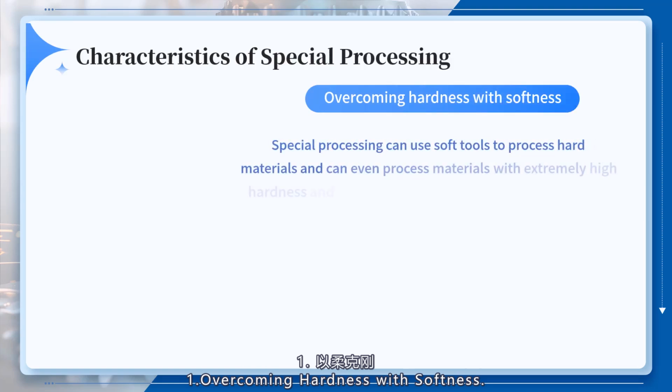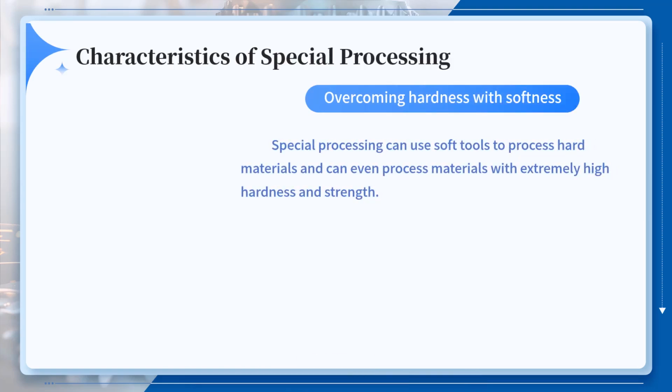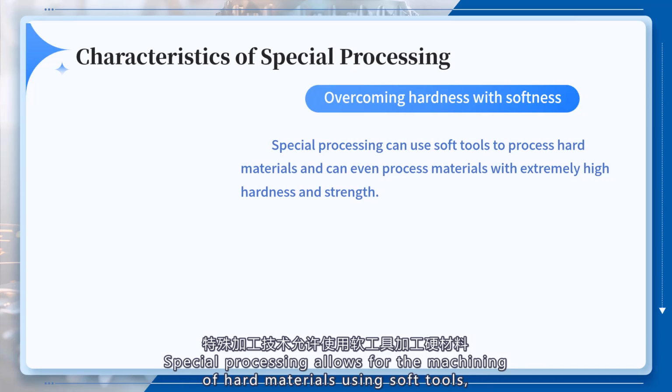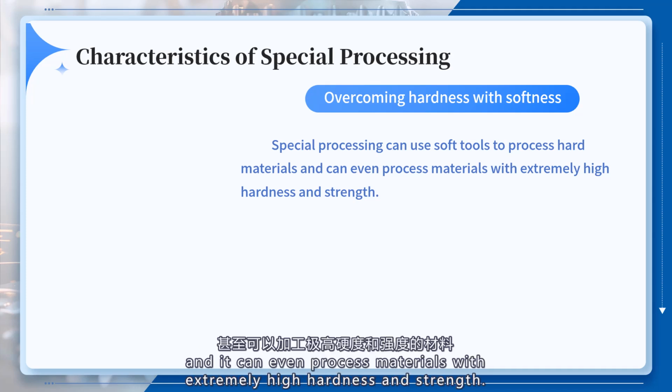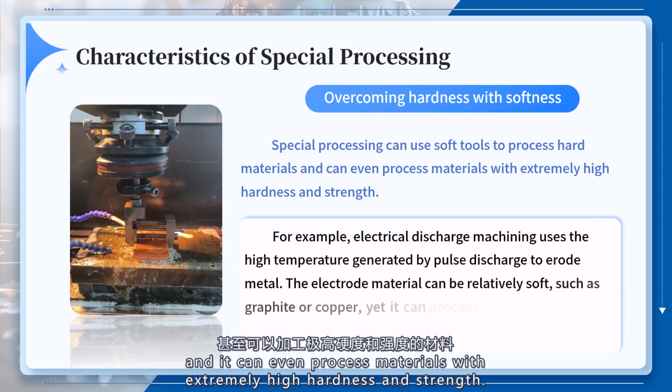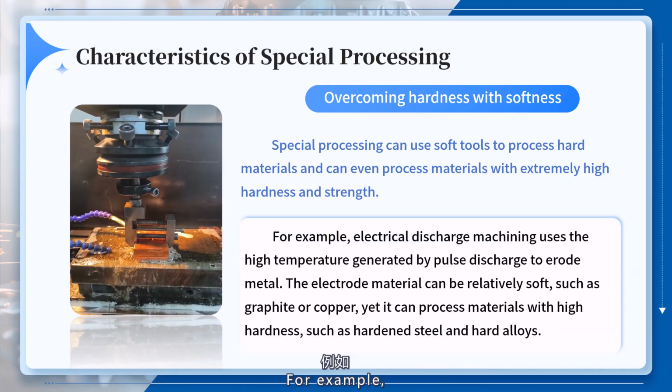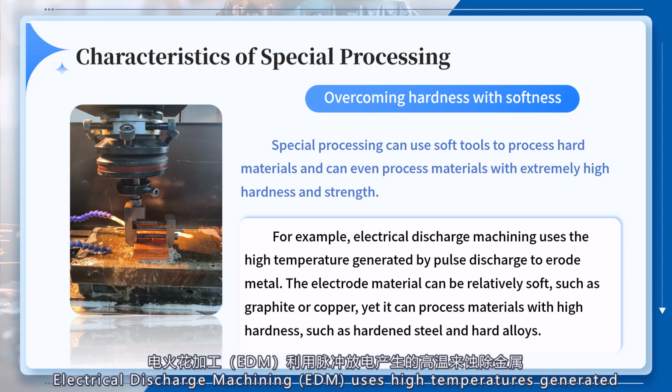1. Overcoming hardness with softness. Special processing allows for the machining of hard materials using soft tools, and it can even process materials with extremely high hardness and strength. For example, electrical discharge machining (EDM) uses high temperatures generated by pulse discharges to erode metal.